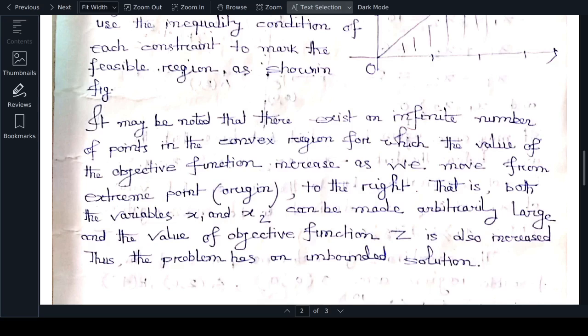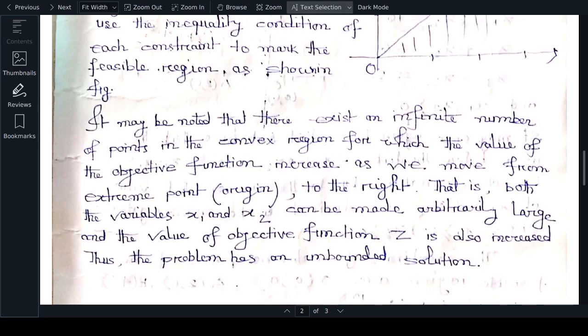So I have already discussed earlier, if more than two variables are present, how to solve the linear programming problem. Till now, I have discussed linear programming problems containing up to two variables. If more than two variables are present, then we cannot solve it by graphical method.